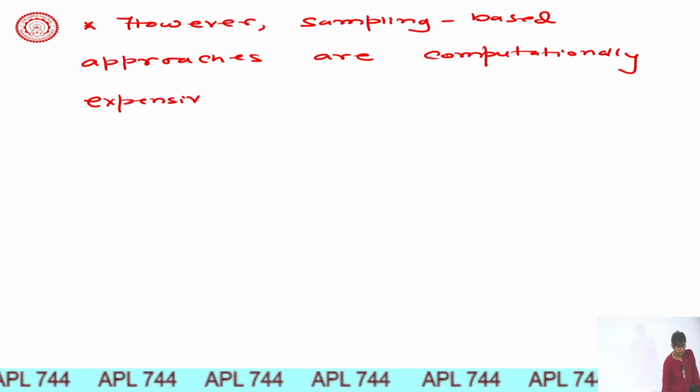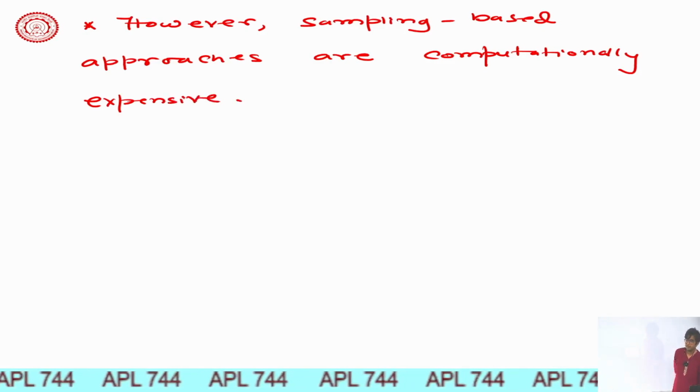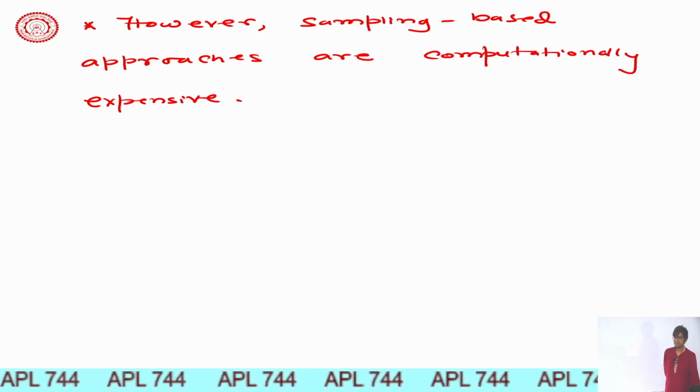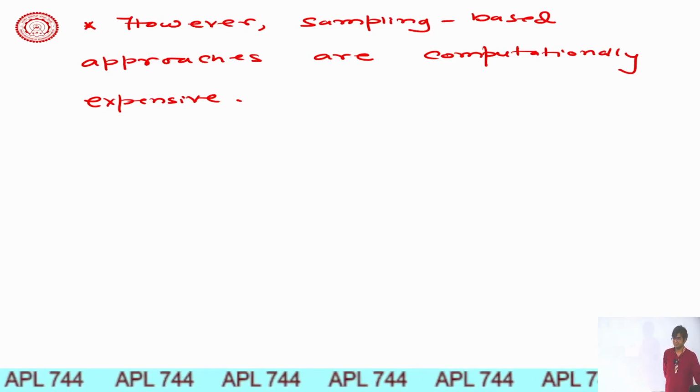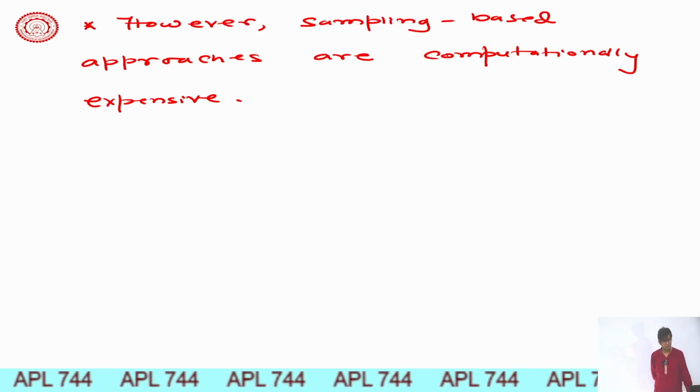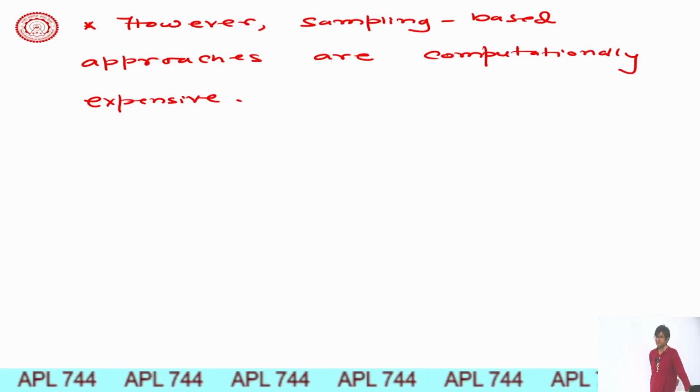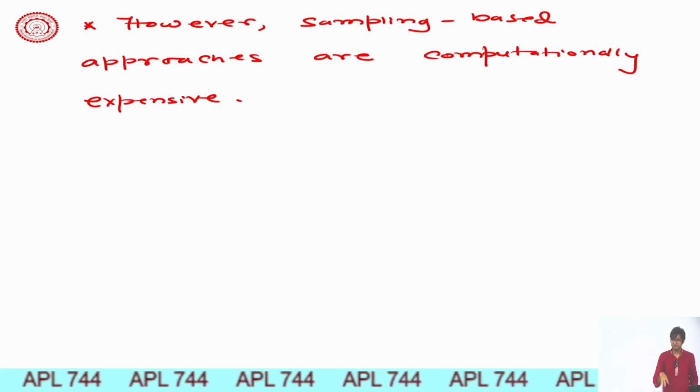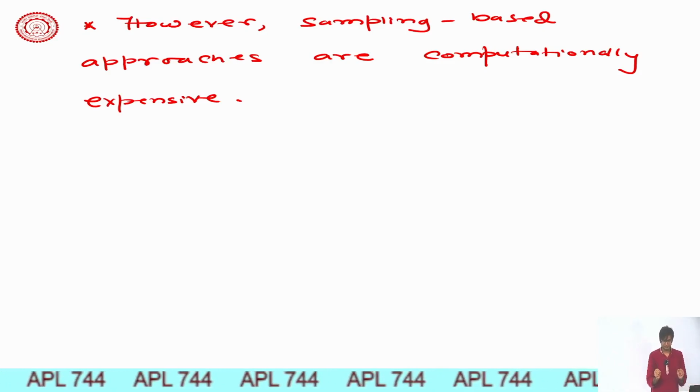Okay. And this is particularly true when theta is very high dimensional. Okay, this is particularly true when theta is in the order of, I don't know, millions or trillions, something like that we are talking about. Okay.